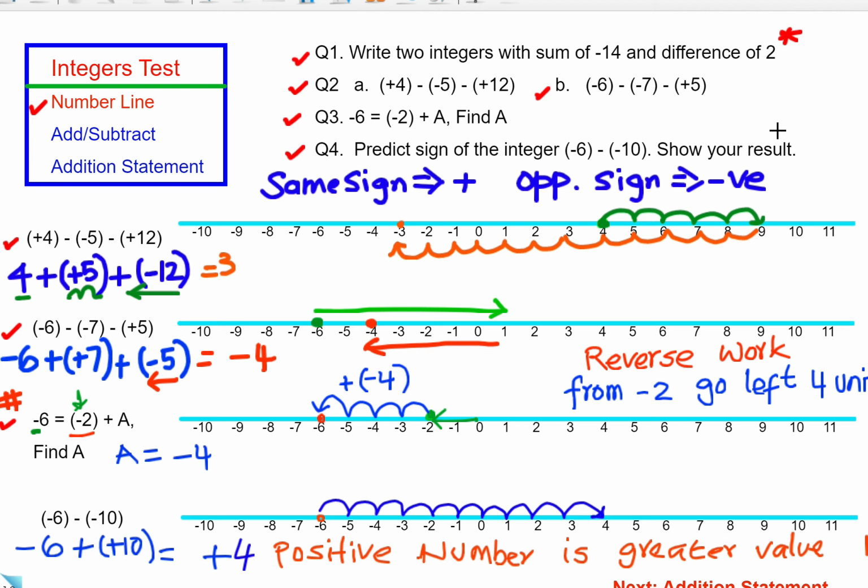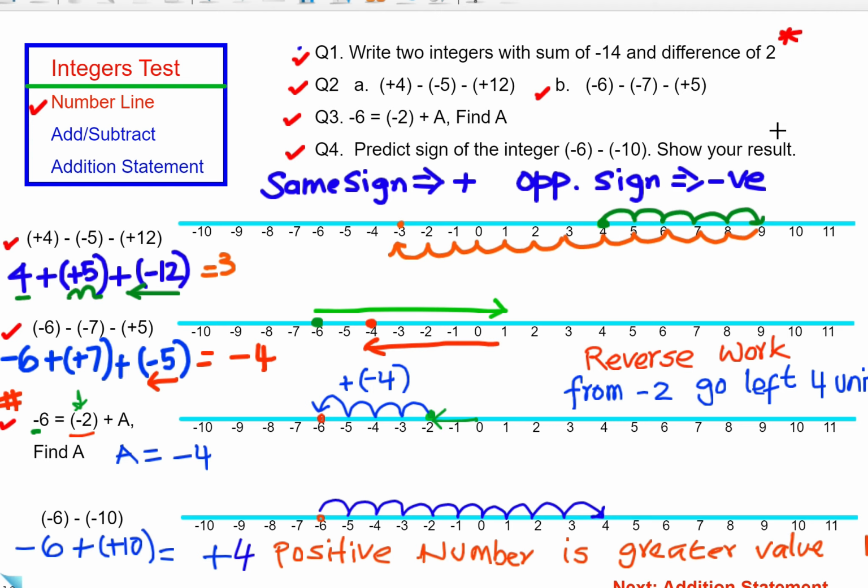We are still left with the very first question, which is write two integers with sum of minus 14 and difference of 2. So the two integers could be what? Did you think about it? Did you get your answer? Right? We want the sum. When you add them, we want them to be minus 14.